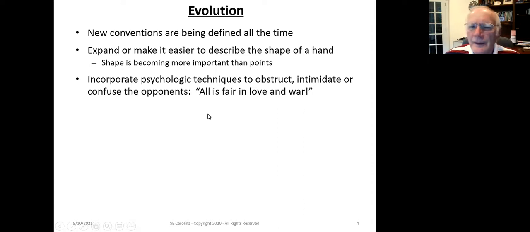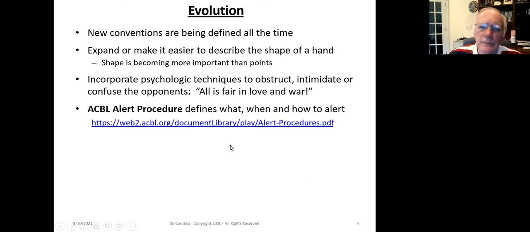Some examples of this are the McCabe transfer after the opponents interfere after you bid a weak 2, or the Kokish transfers, which can occur at the 1 level, where in essence you're transferring your partner to a suit that they're going to bid, and then you have several options of what you want to do to communicate additional information. These are recent, and they significantly enhance your ability to succinctly and clearly communicate information to your partner.